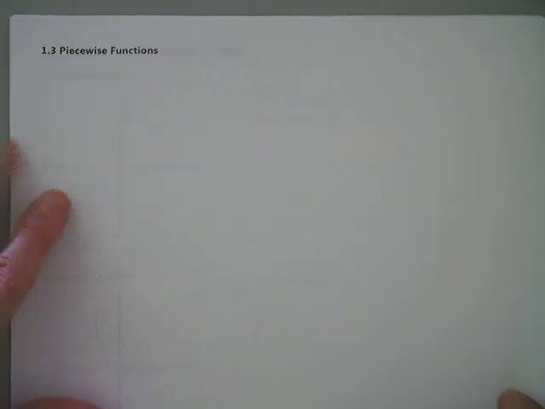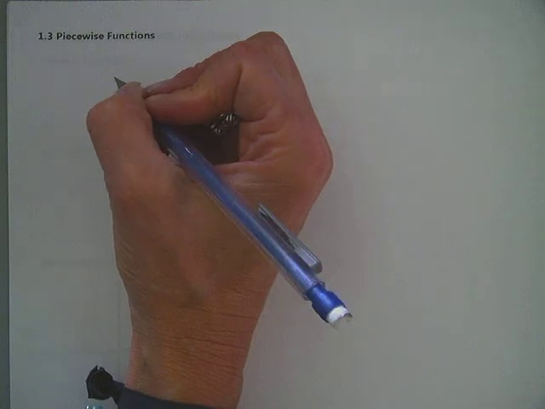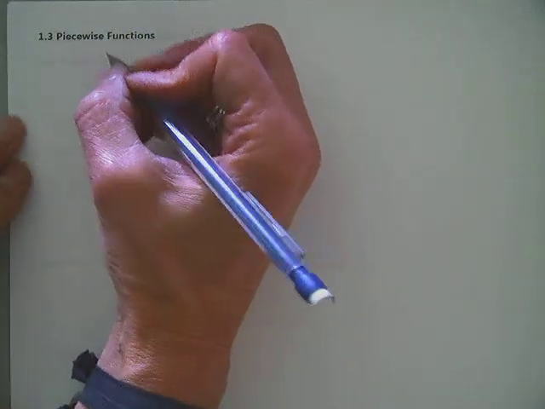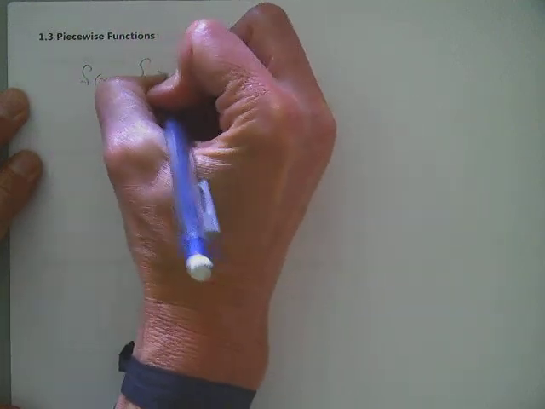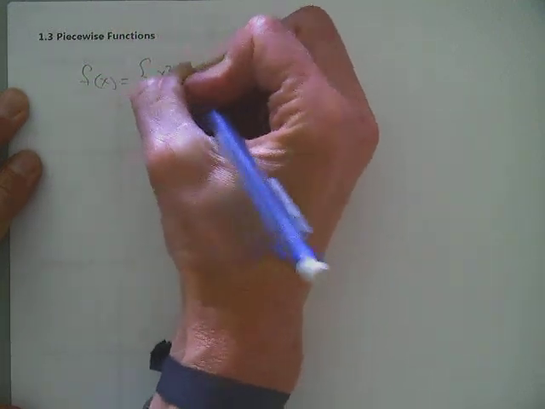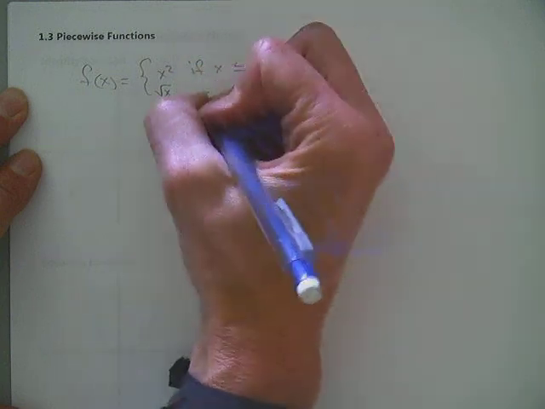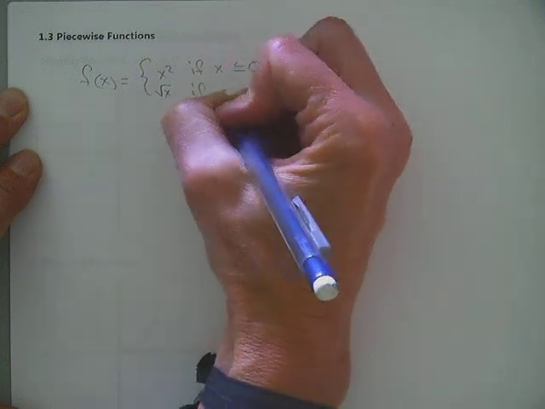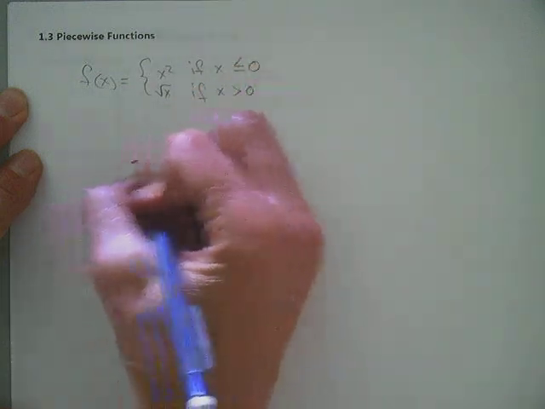Okay? All right, now, the last thing I want to talk about today is piecewise functions. Have you ever seen them? All right. A piecewise function is a function that has obviously a couple of pieces. For example, f of x equals x squared if x is less than or equal to 0, and you draw the square root function if x is greater than 0. Okay?